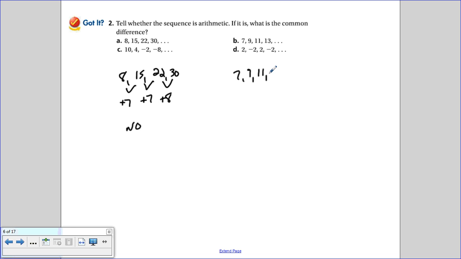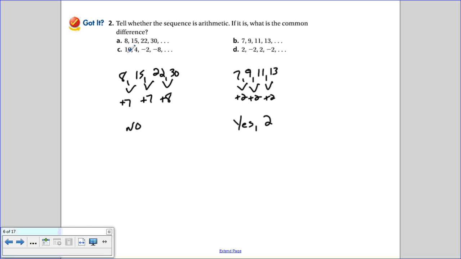How about we try part B? 7, 9, 11, 13. From here, it's plus 2. Here, plus 2. Here, plus 2. Is it arithmetic? Yes. If it is, what is the common difference? 2. Now, if it's a negative 2, make sure you put negative. If it's not, we assume it's positive. Okay? If you want to try part C and D, go ahead and pause the video.